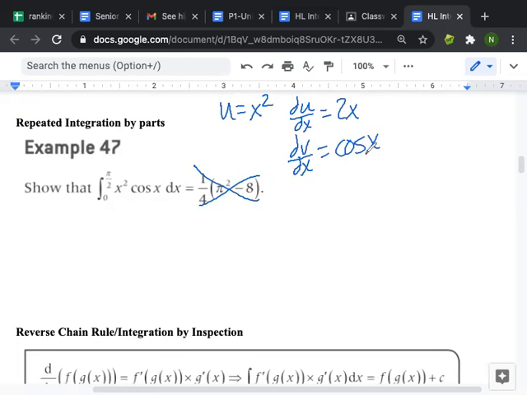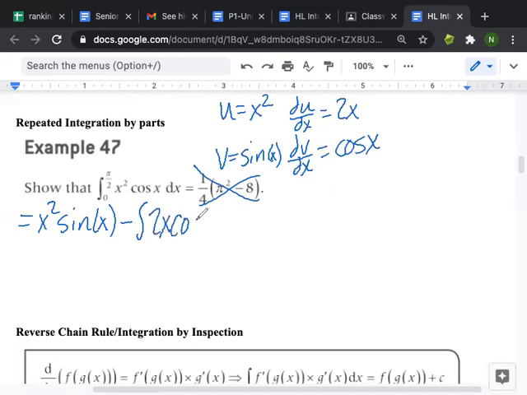If I integrate that, I know that my v is sine of x. Okay, now all that ugly mess comes to show that I have now u times v, which is x squared sine of x, minus the integral, and this would be 2x times cosine of x.